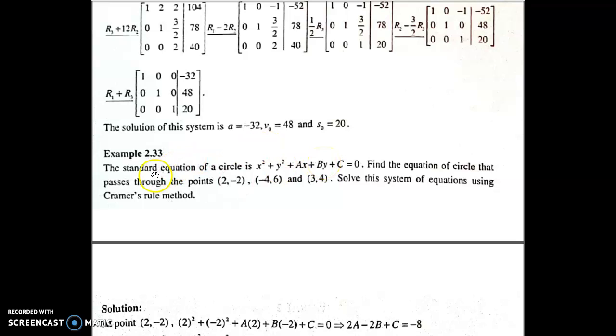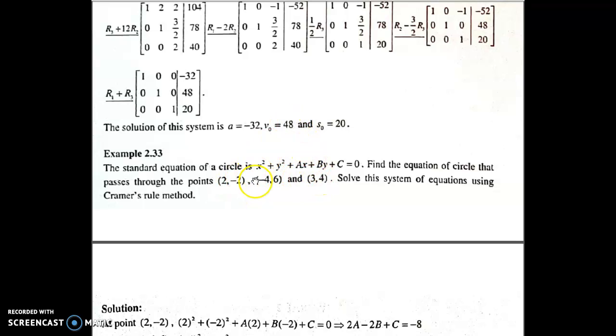Now let's look at this. So the standard equation of a circle is this. Some of you know it, some of you might not, but this is the standard equation of a circle in this world. Now they want us to find an equation of a circle that passes through these 3 points.